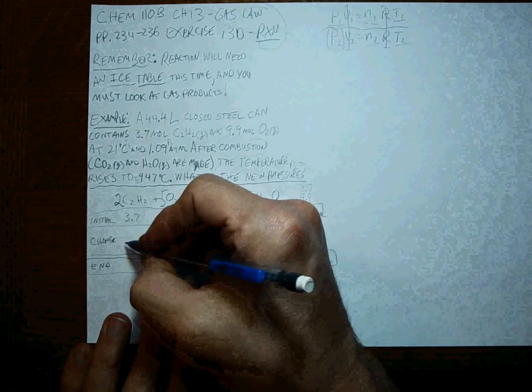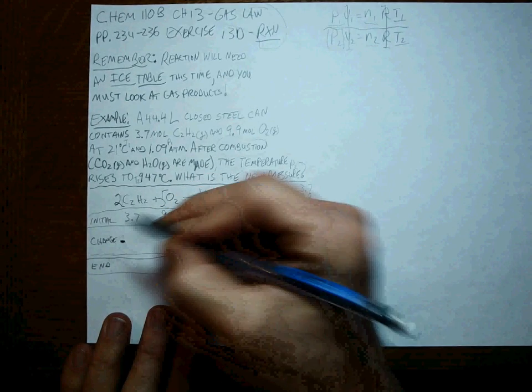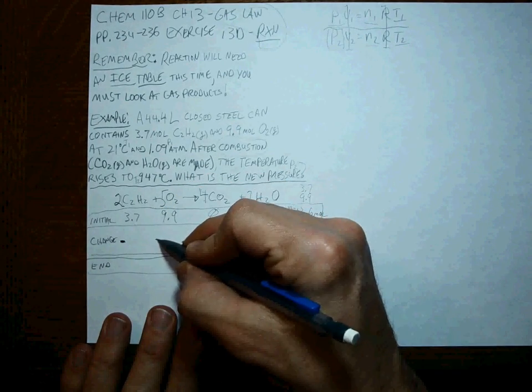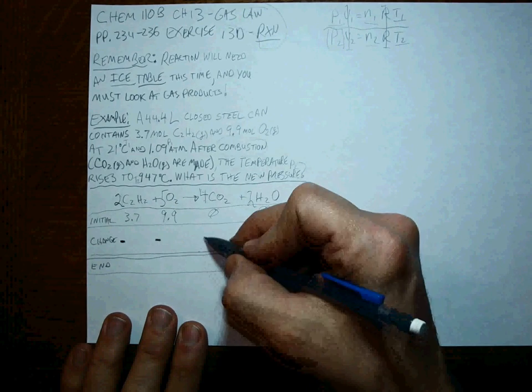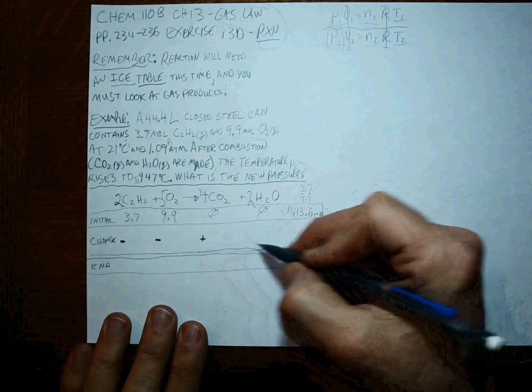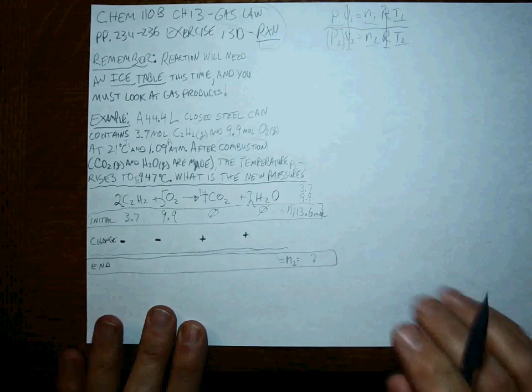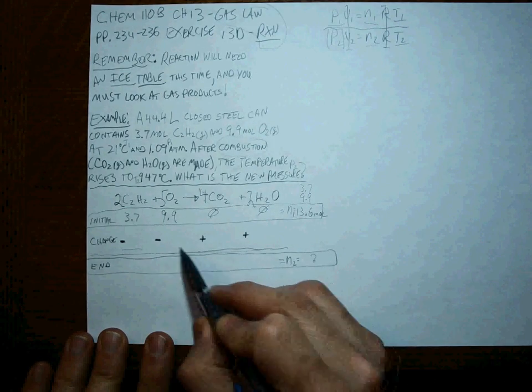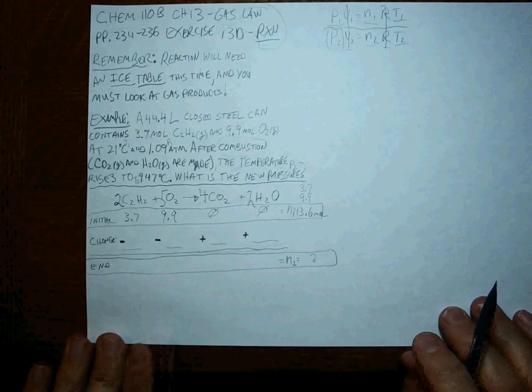Now remember, the reactant piles always go down, right? But this time we have to keep track of the product piles, and they always get bigger when a reaction occurs. Okay? So we just have to figure out what these changes are.